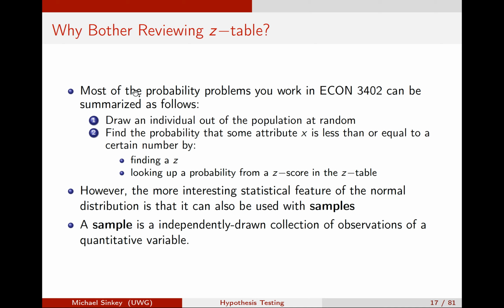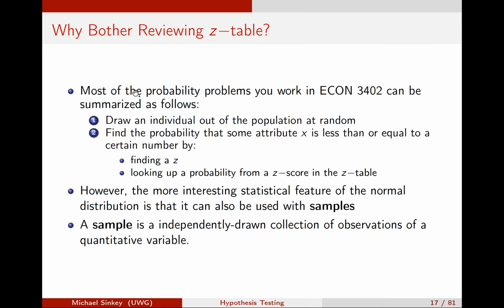In the previous sets of slides, we looked at sampling. In most of the probability problems that we worked in Econ 3402, you pick an individual out of the population at random, and you assume that the mean and standard deviation are associated with a normal distribution, and you convert information about that individual to a standard normal distribution.